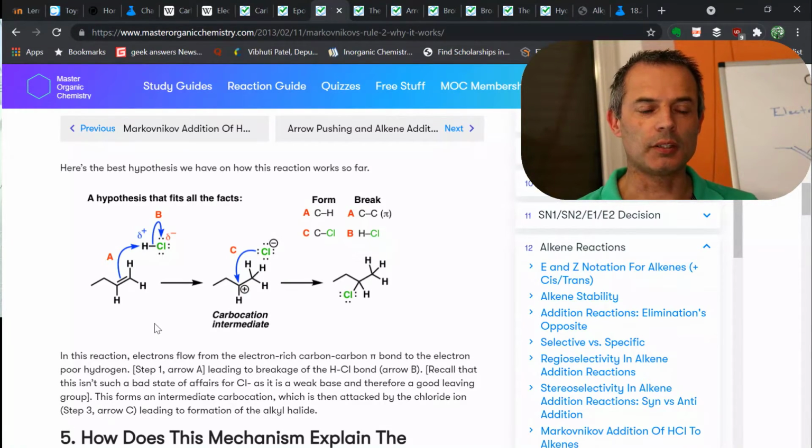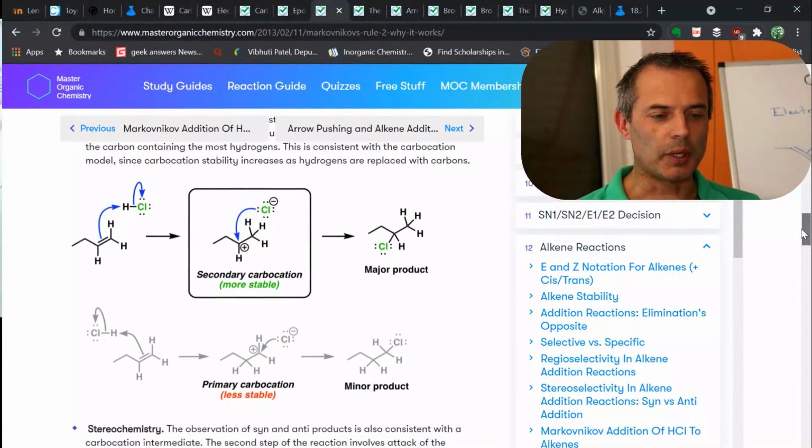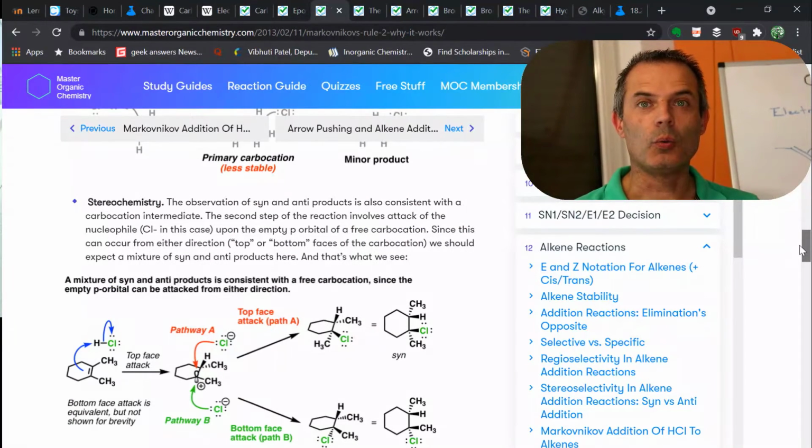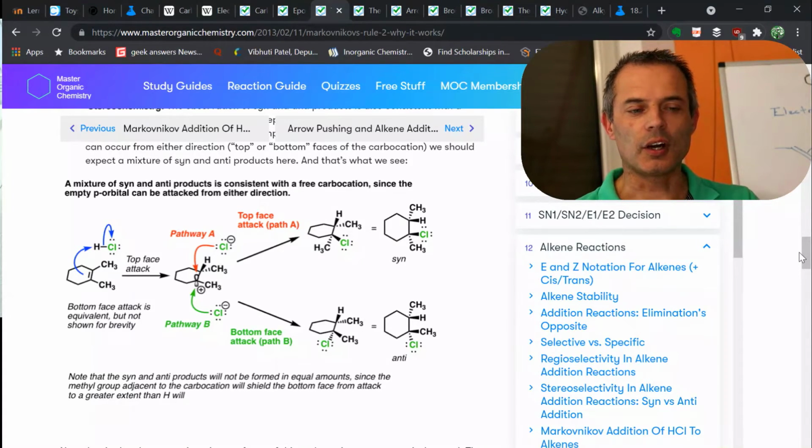So it explains two of the things that we've already seen. It doesn't explain why the bromination happens, and it doesn't explain why the hydrogenation happens all on opposite sides and on one side. But it does explain why an HCl or an HBr will tend to attack so that the hydrogen ends up on this end that already has lots of hydrogens. It's because the carbocation ends up on the most substituted position.